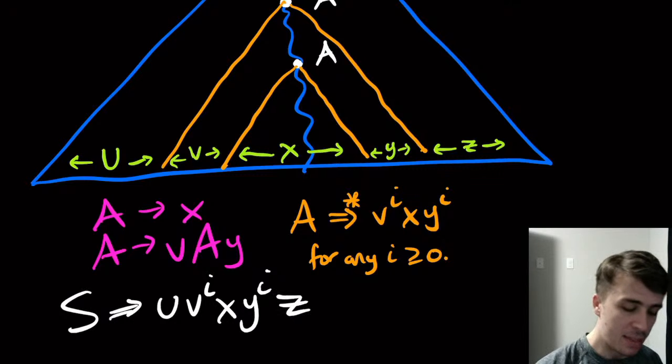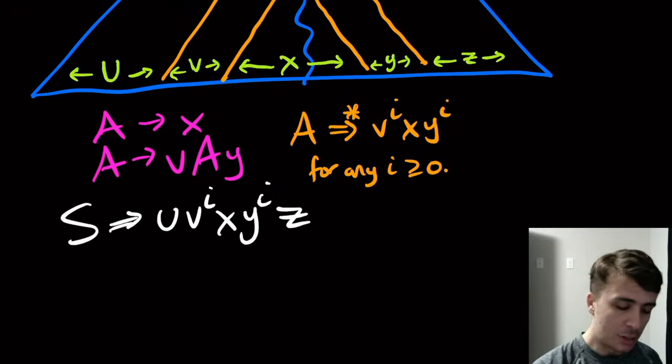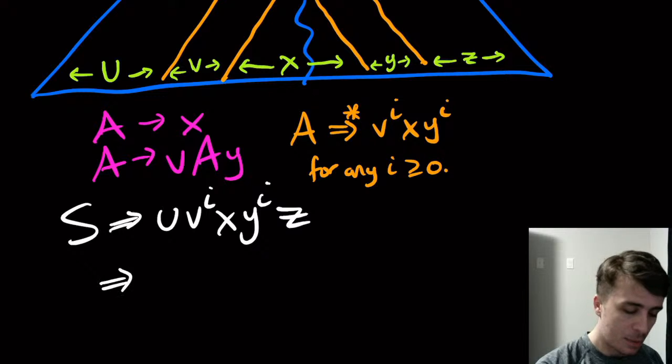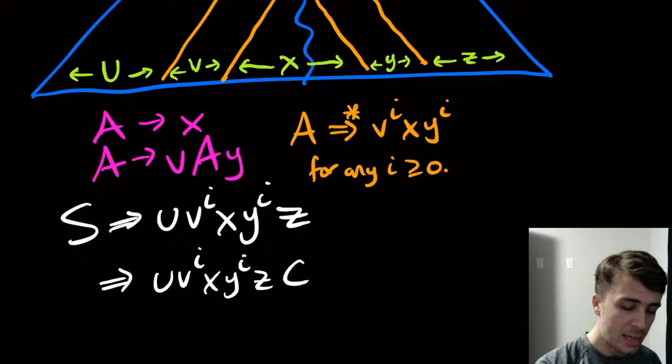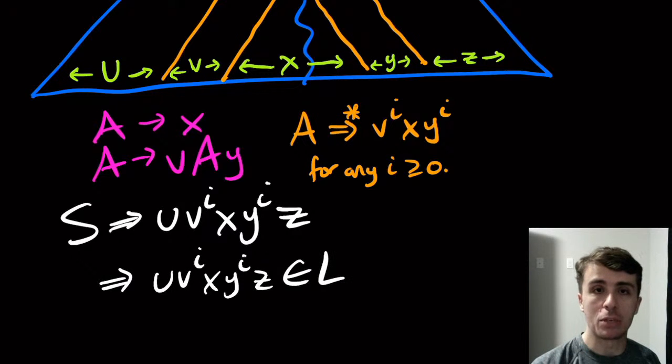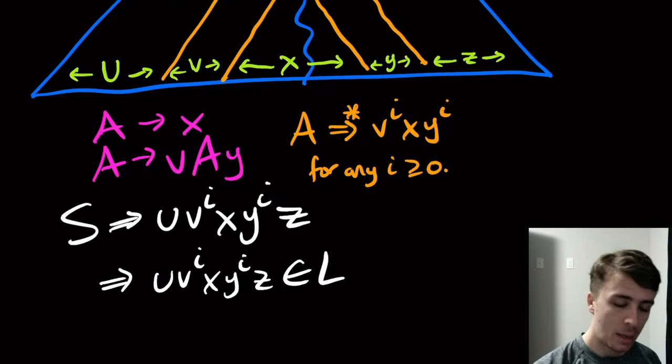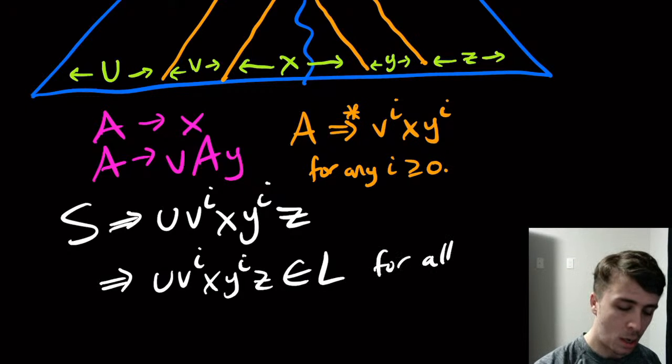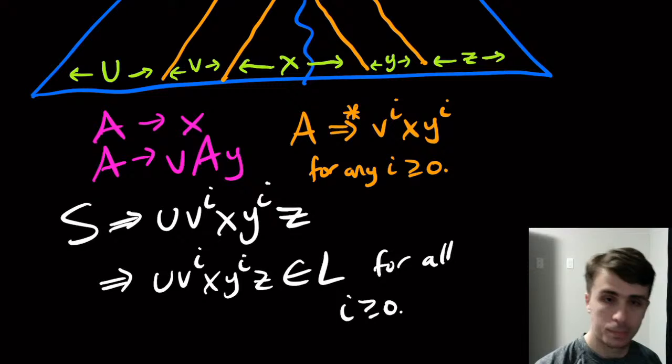So it can make this string. And so this tells us that the string we just made is in the language, because we made a parse tree for it, for all i at least 0.